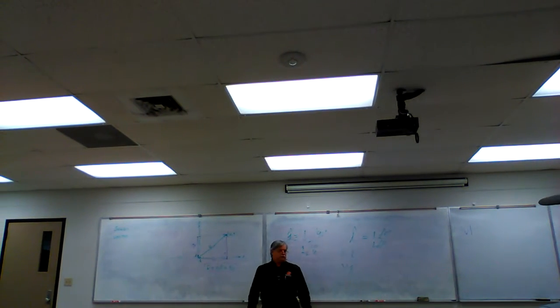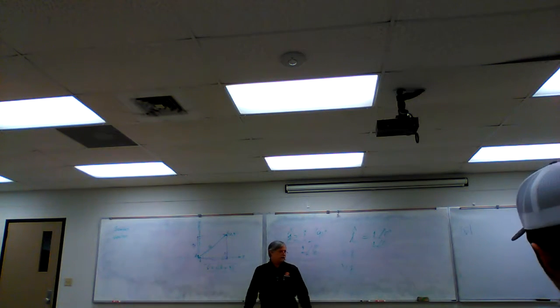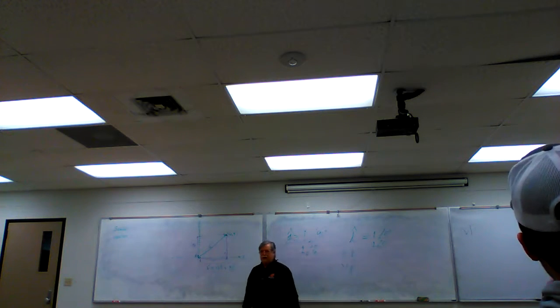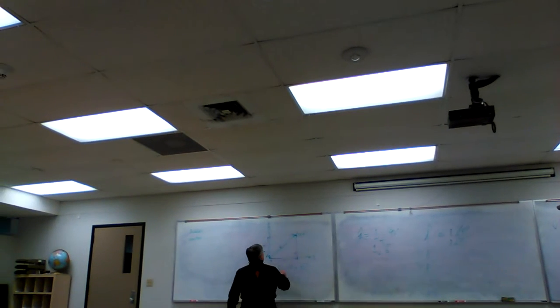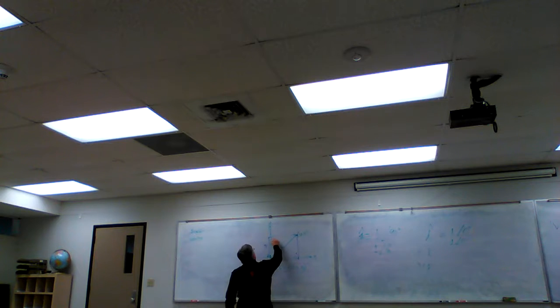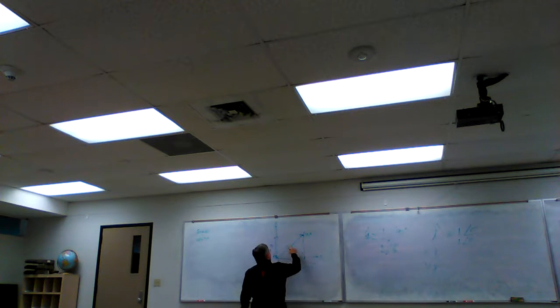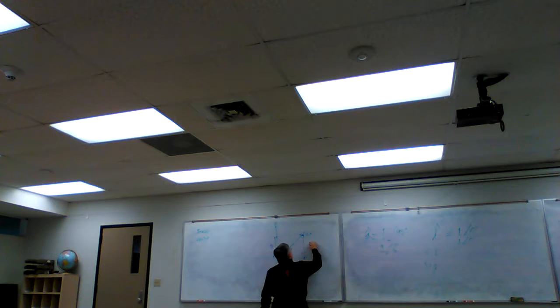I know some of you know because some of you were here yesterday. Pythagorean theorem. You have a right angle. So the magnitude of v squared is equal to x squared plus y squared.